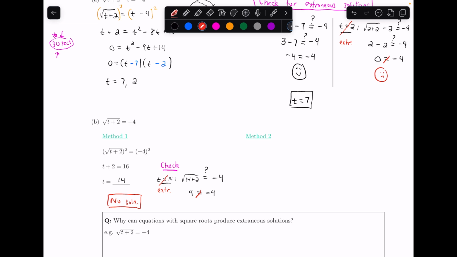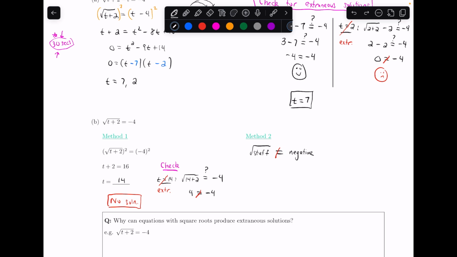So let's talk about another way we could get that answer, and this is going to be a little quicker. When you do the square root of some stuff, that is not allowed to be a negative number. Whatever you plug into the square root, the output has to be non-negative.